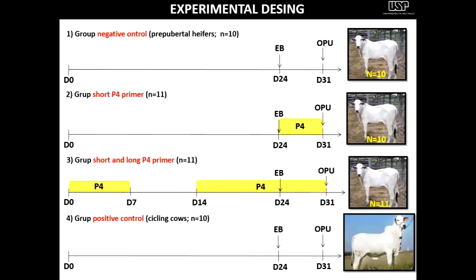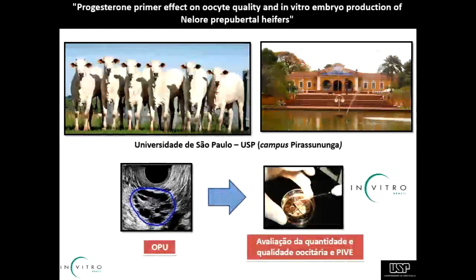What we did, the control is a prepubertal heifer. In the same condition, we did a short and long progesterone prime and did the OPU, and the positive control is a cycling cow, looking at the effect of progesterone on oocyte quality in prepubertal animals.